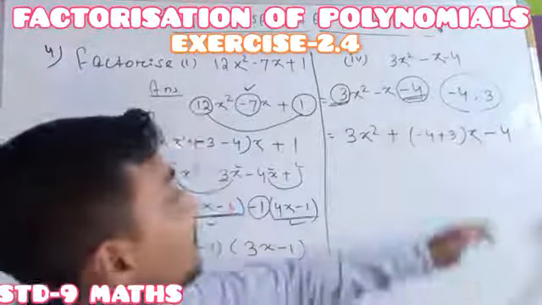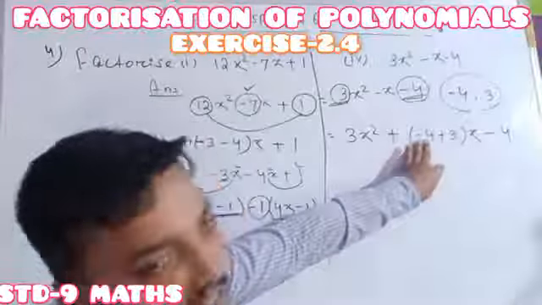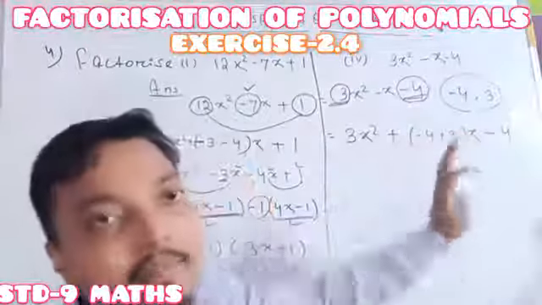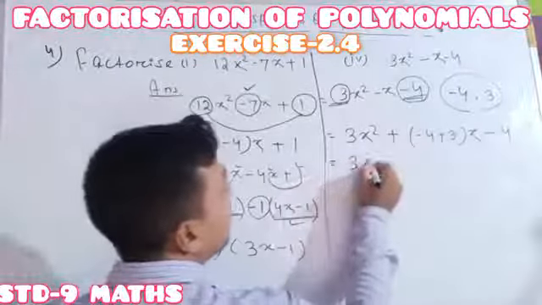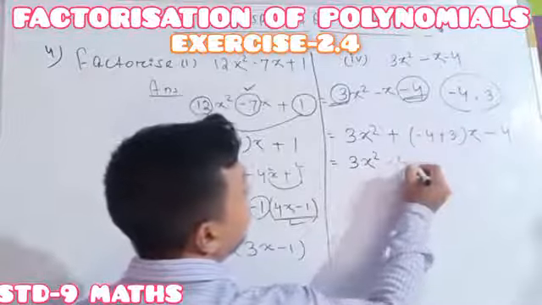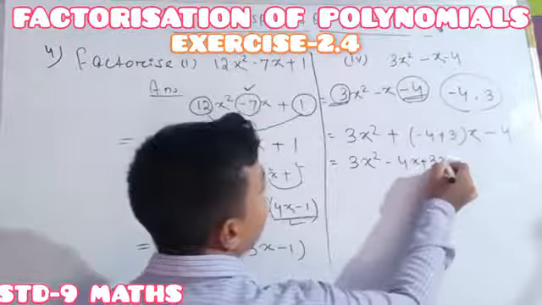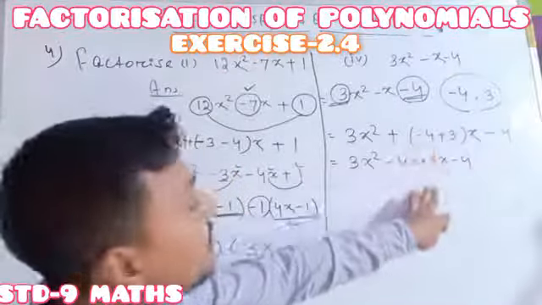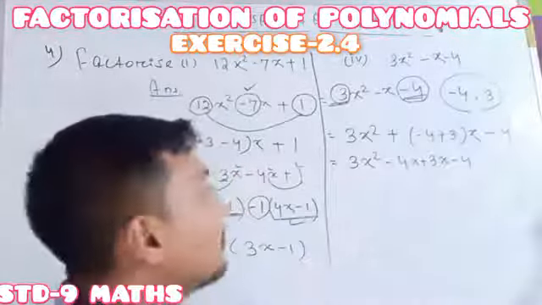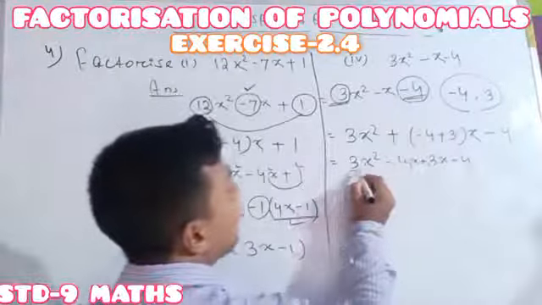You may write the minus 4 first, otherwise 3 first, no problem. Then open the bracket: 3x² minus 4x plus 3x minus 4. Otherwise, without writing this, you can also proceed, no problem.